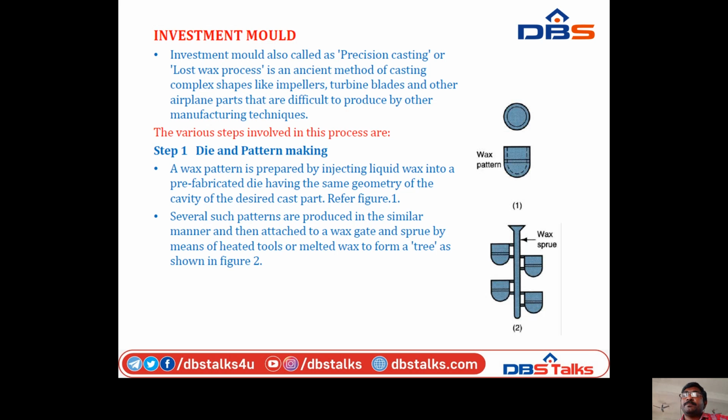Step one, die and pattern making. A wax pattern is prepared by injecting liquid wax into a prefabricated die having the same geometry as the cavity of the desired cast.